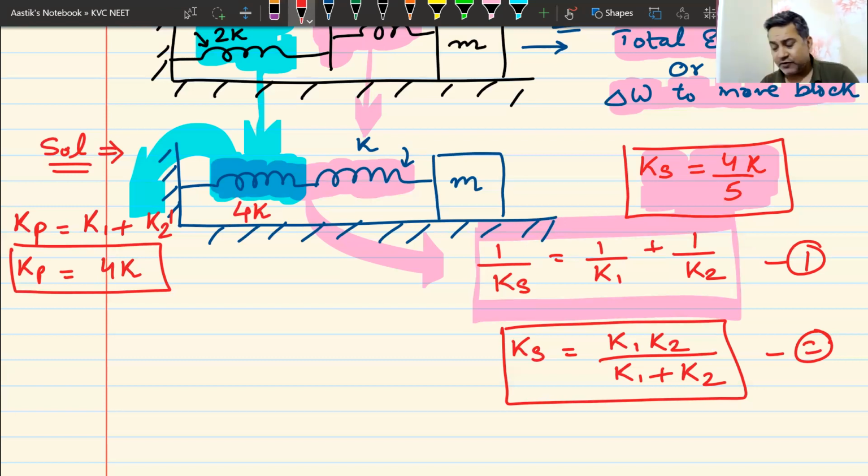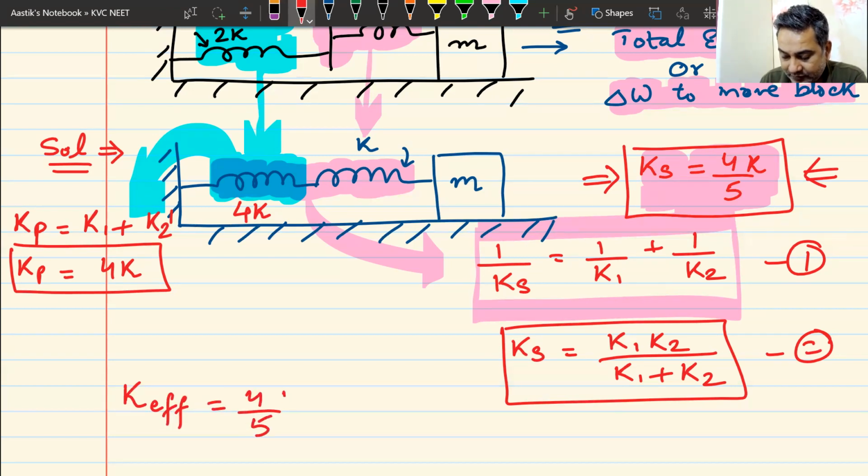So you can put this formula and what you get will be an effective spring of spring constant 4 by 5k. So the effective spring constant, k effective if I call it, will be equal to 4 by 5k. So I have found out the value of the effective spring.